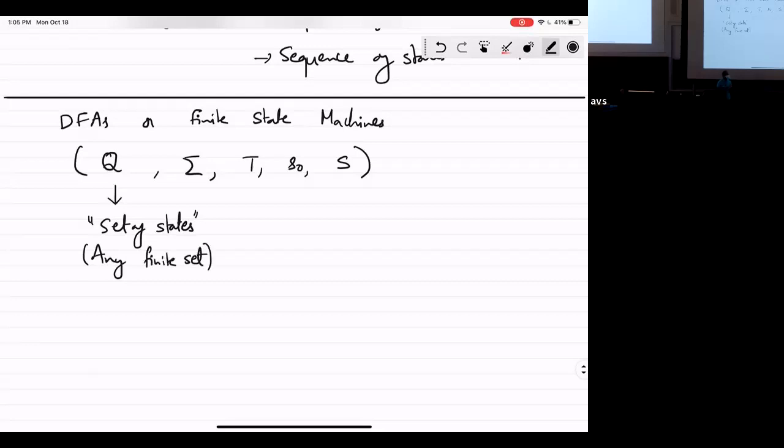I can call these states anything I want. It won't change the computation. But just for ease, we are sticking to calling the states 0 through C minus 1. This is just standardization. I can call the states A, B, C, D, and it doesn't change what you're computing. We're just going to use numbers 0 through C minus 1 for consistency. And sigma is called the alphabet.